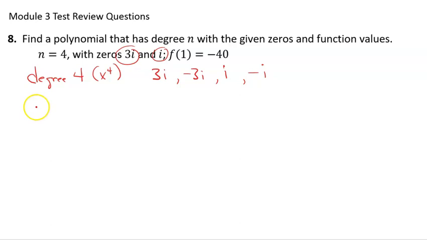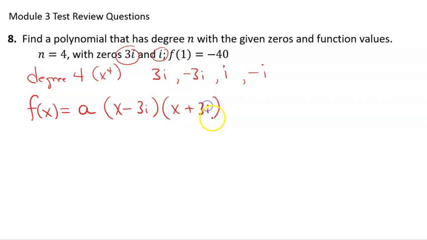So I call my function something like f of x. And I don't know what my leading coefficient is. I'm going to call it a. You could use any letter you want, not x. And then I subtract all my zeros from x. Remember, if 3i is a zero, then x minus 3i is the factor. If negative 3i is a zero, then x plus 3i is the factor.